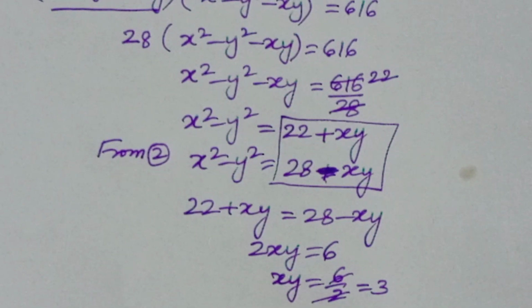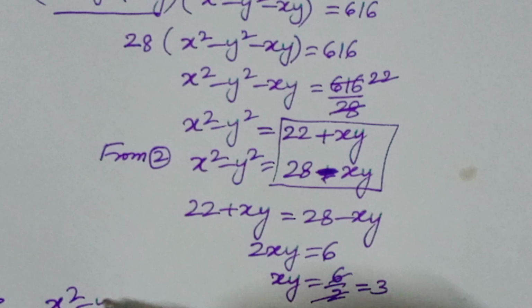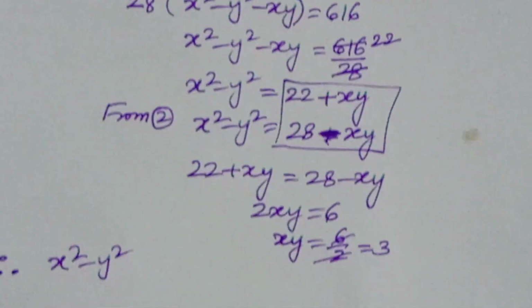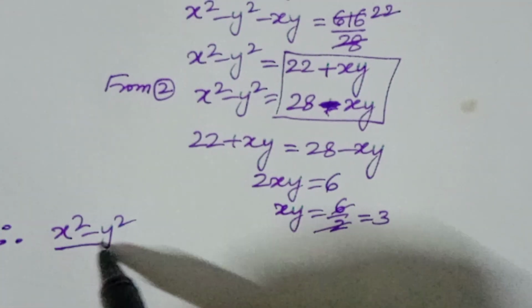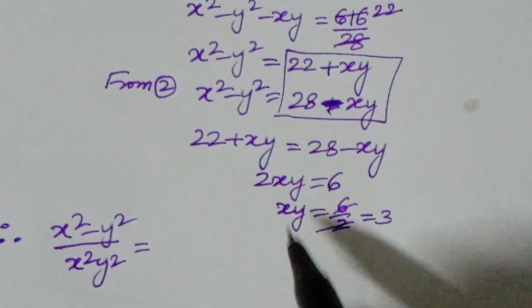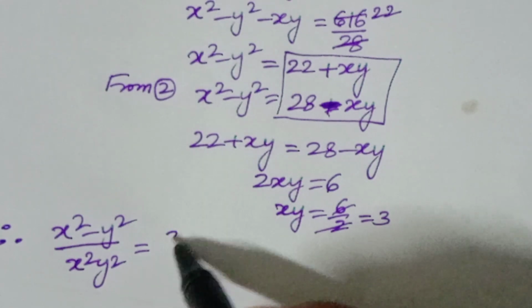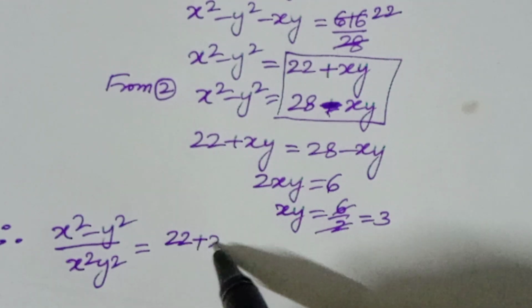Okay. Now what is required? Here what is required is (x squared minus y squared) by x squared y squared. So x squared minus y squared you can write as 22 plus xy.